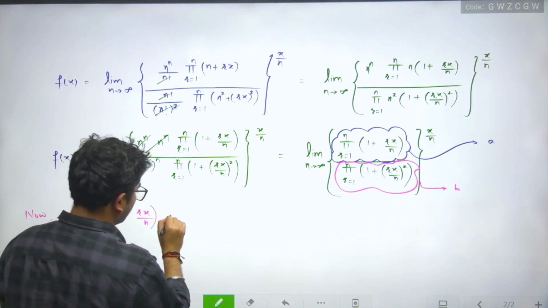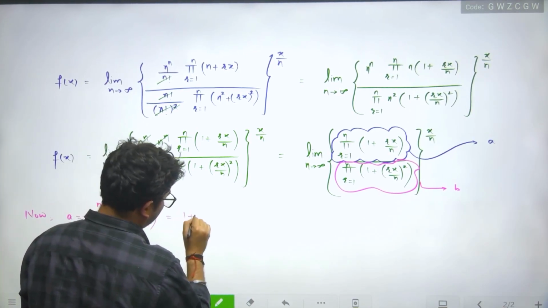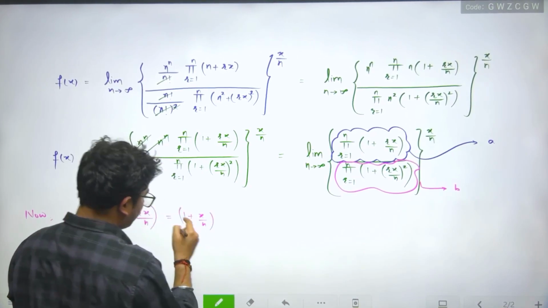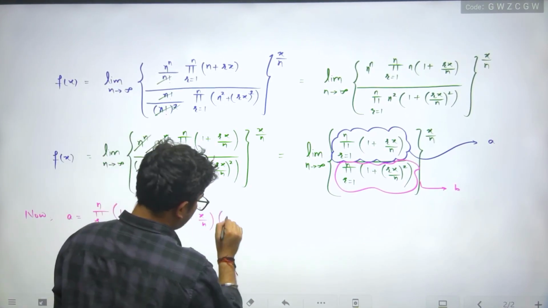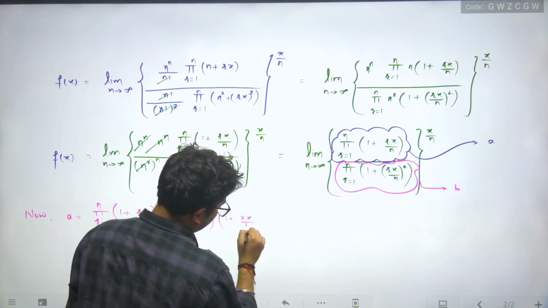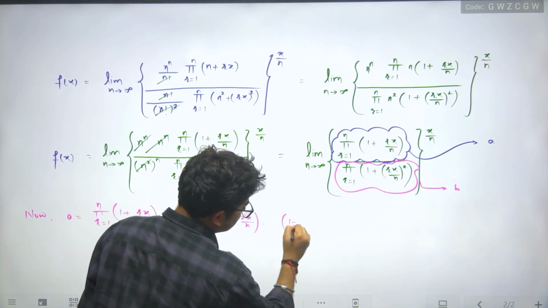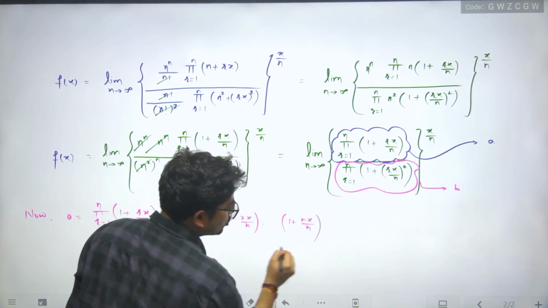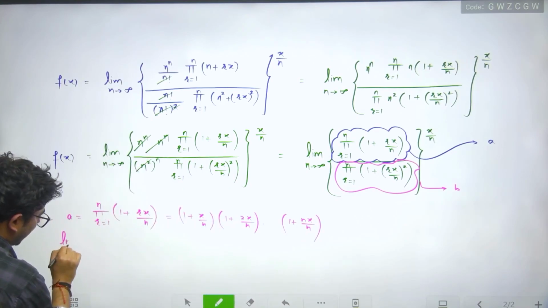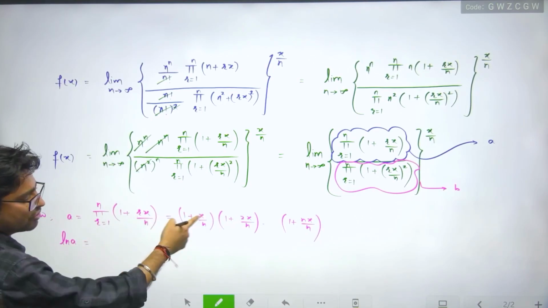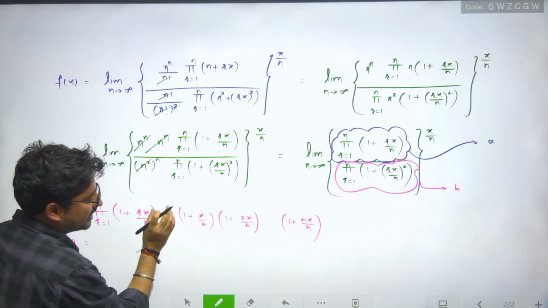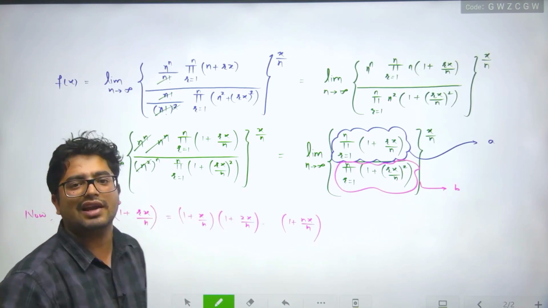If you simplify it, you will get 1 plus x by n, into 1 plus 2x by n, and so on, 1 plus nx by n. So if you take the ln, you will get ln a. You can apply the property ln of a into b is ln a plus ln b.